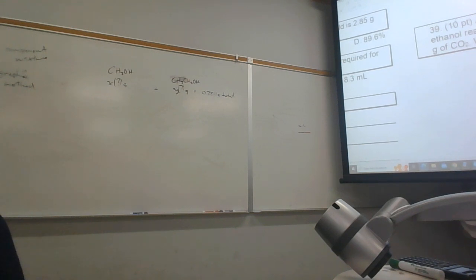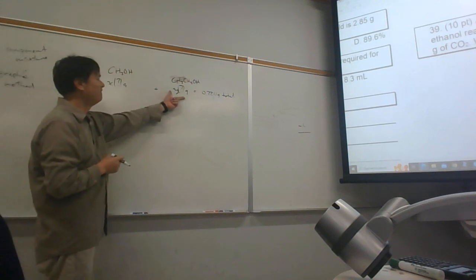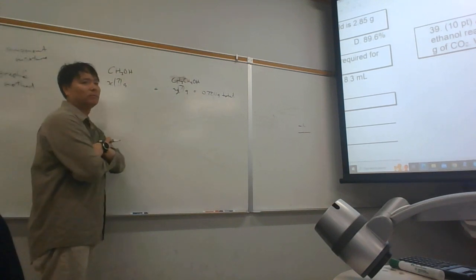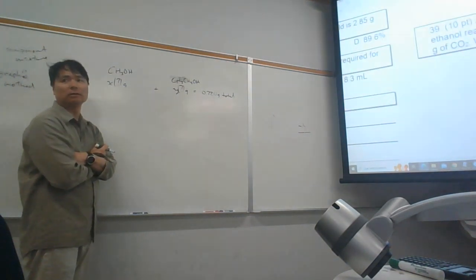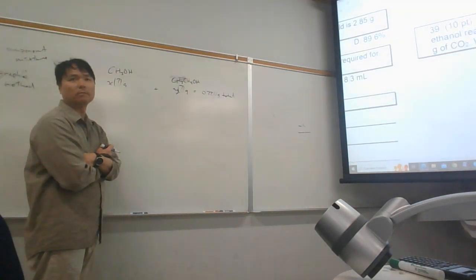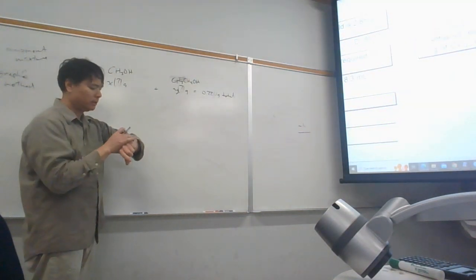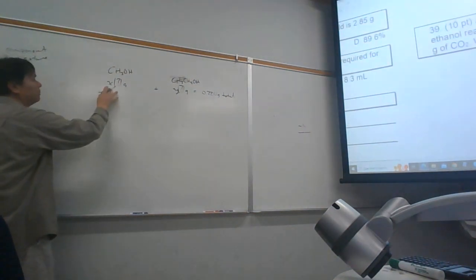In the graphic method, we make an assumption. Here, I don't know how many grams of ethanol or methanol I have, but I'm going to assume two things in doing the graphic method. All right, I need to do this quickly since there's not much time.